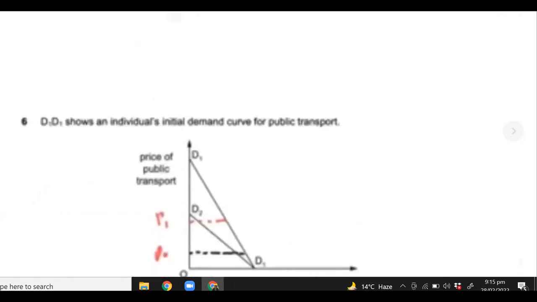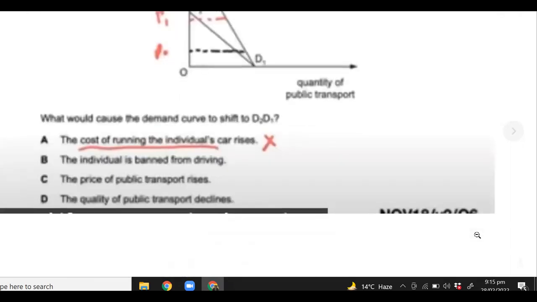If you can't see this clearly, let me make a new graph for you. Have a look at this.